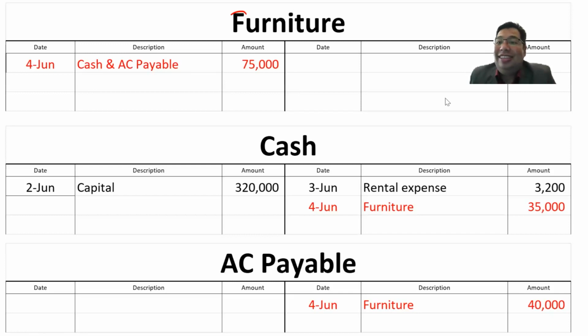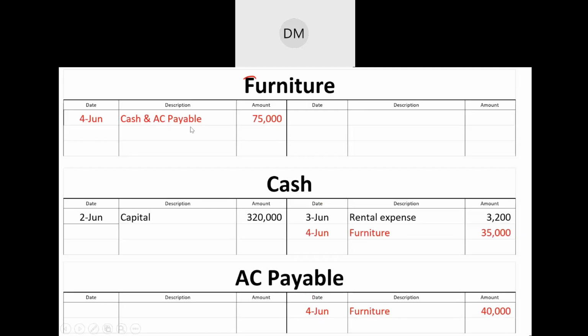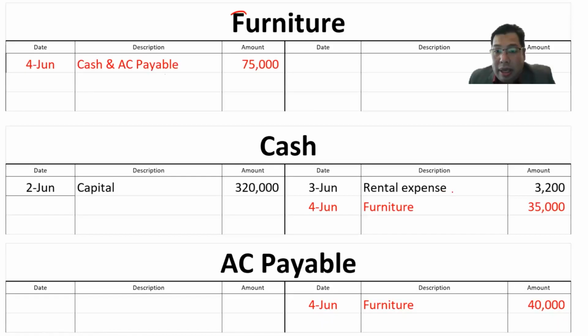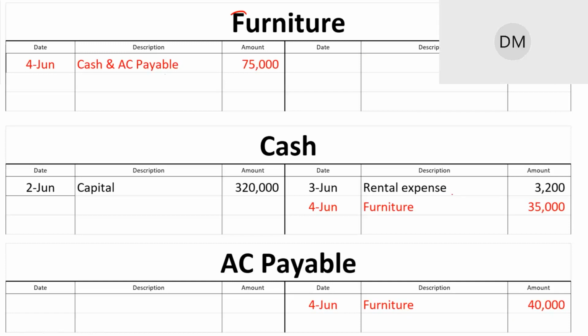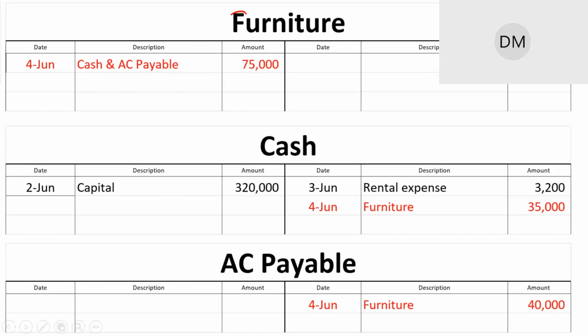Sir, is it fine to write "to" and "by", like "to cash account" and "to account payable", and "by rental expense" and "by furniture"? Okay, yes. I can see certain textbooks put it here "to" or "by". Yes, you can write that.